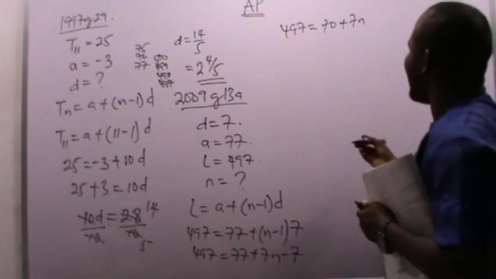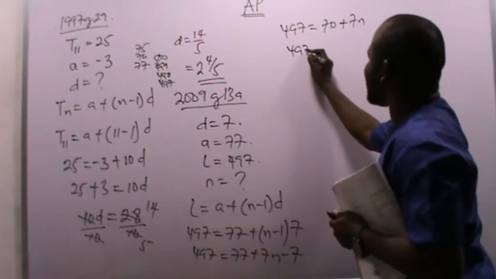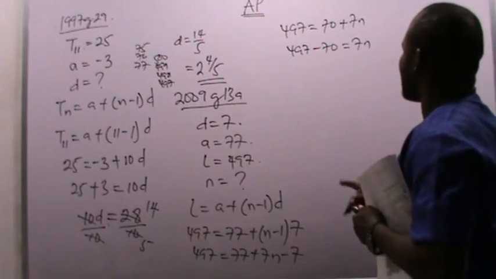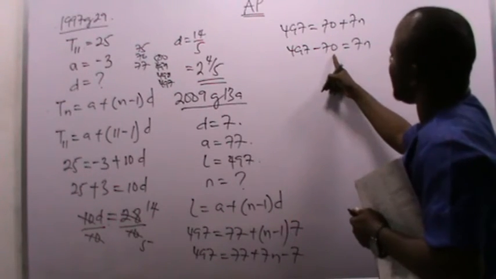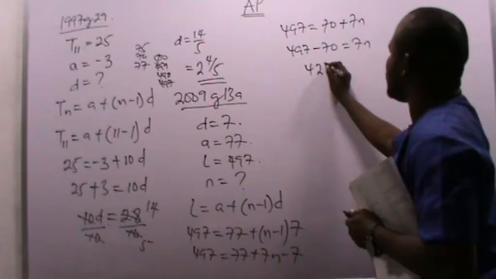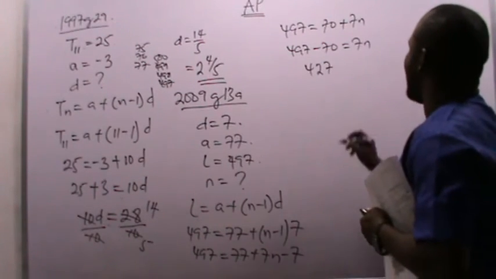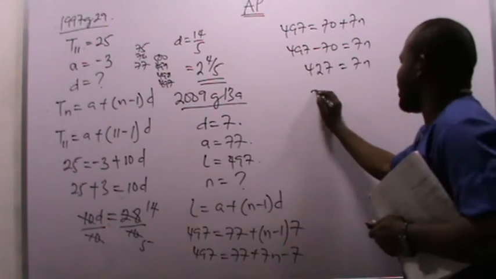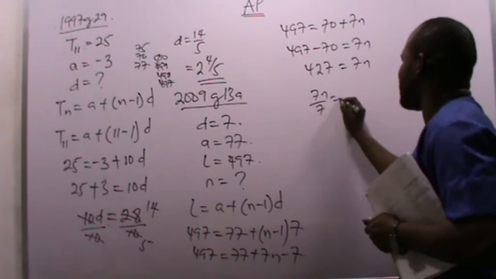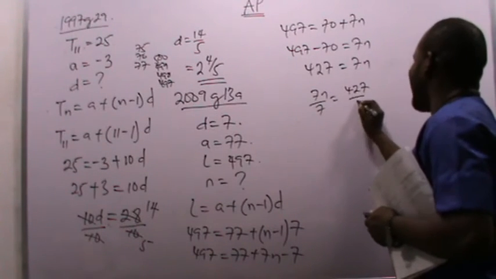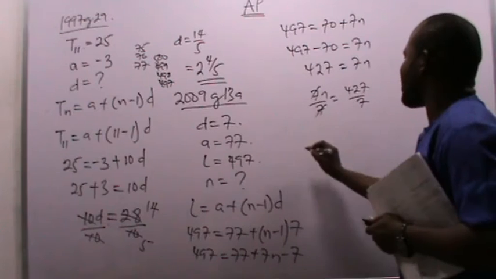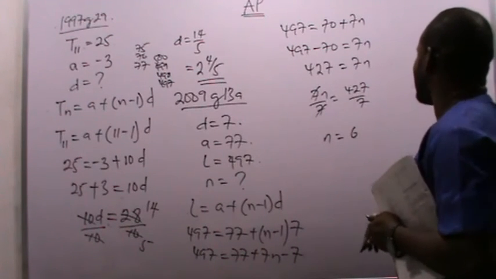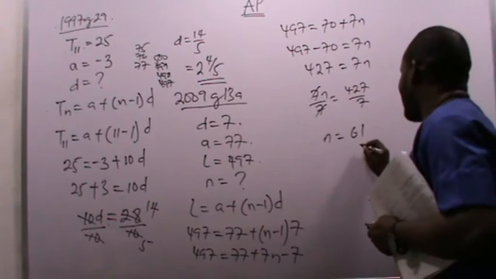Collect like terms. 497 minus 70 equals 7n. 497 minus 70 will give us 427 equals 7n. Let's rearrange. 7n divided by 7, 427 divided by 7. 7 will cancel 7. So n here will be 7 in 42, that is 6, then 1.